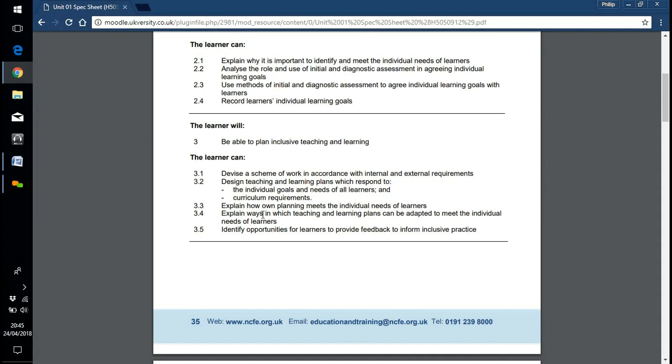And then it says actually on the next one, 3.4, explain ways in which teaching and learning plans can be adapted to meet the particular needs of individual learners. So again, this is why I said if you've not got a learner with an issue, a learning issue, invent one. It doesn't matter. This is an academic exercise to some extent, where you can extemporize and put in what you would do for a particular learner if they had this issue.